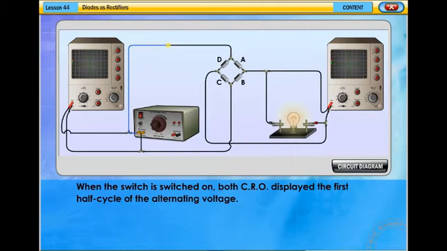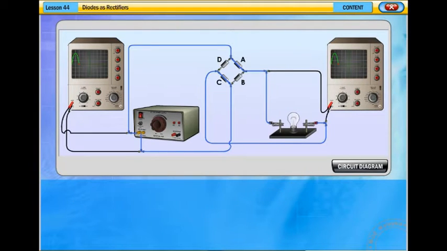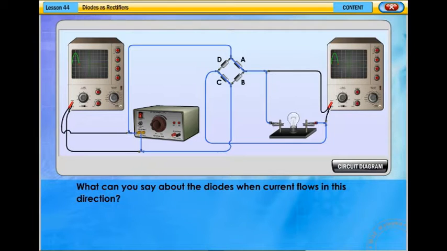When the switch is switched on, both CRO displayed the first half cycle of the alternating voltage. What can you say about the diodes when current flows in this direction?